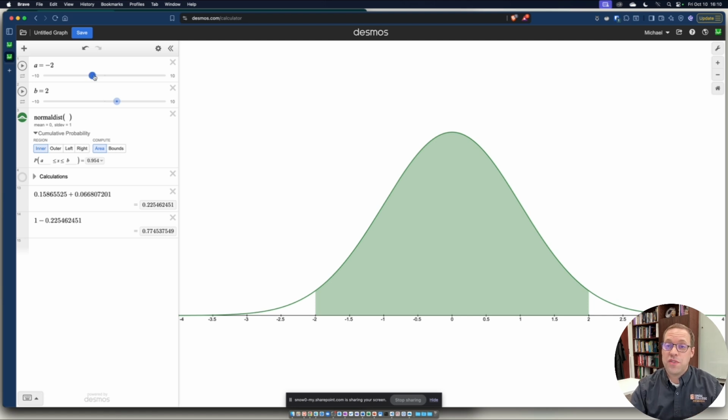Do you remember what it was for 3 standard deviations? I hope you remember. If not, it is 99.7. 68% within 1 standard deviation of the mean, 95% within 2 standard deviations, 99.7% within 3 standard deviations.